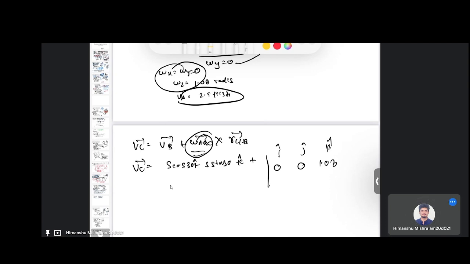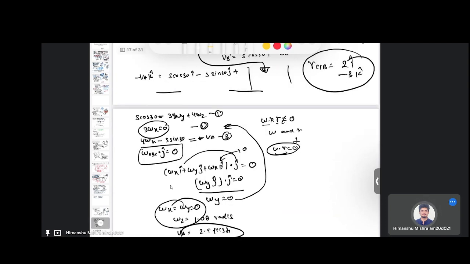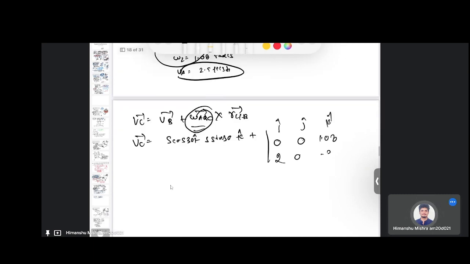And RC with respect to B is 2i minus 3k, so it's 2, 0, minus 3. When you solve this, you will directly get VC equal to 4.33i plus 2.17j minus 2.5k.